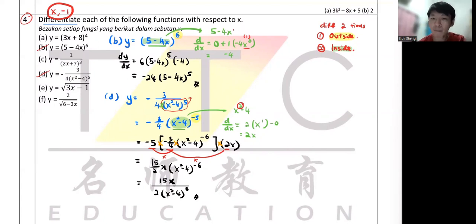Except for power 2 and 1, the rest of the powers you have to go for this method. Even though the power is negative you can expand, right? Power -1, power -2 can expand. So except for power 1 and 2, you have to go for this method.